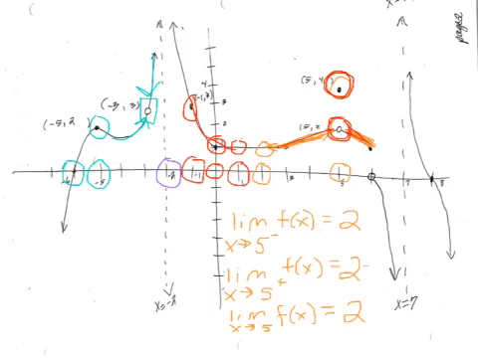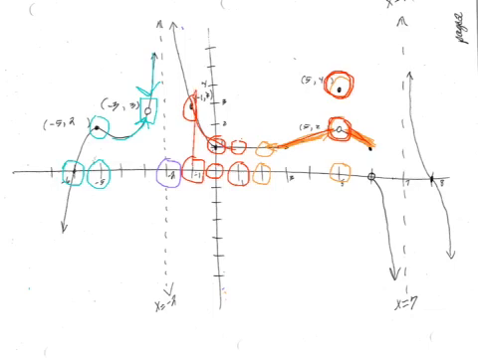Now let's find the limit as x approaches 6 from the negative side. At x equals 6, we notice that we have a hole. We have a hole, and we have this point up here.